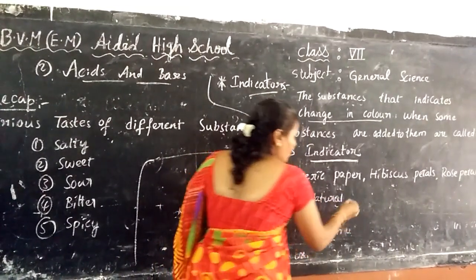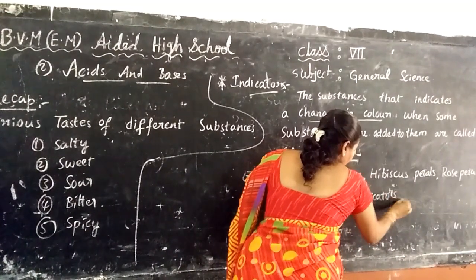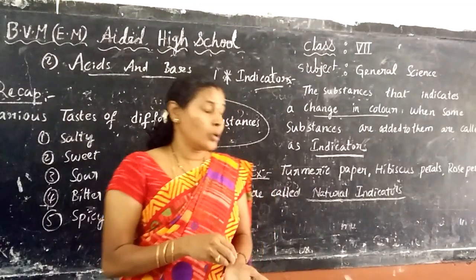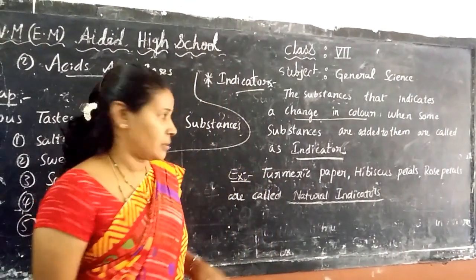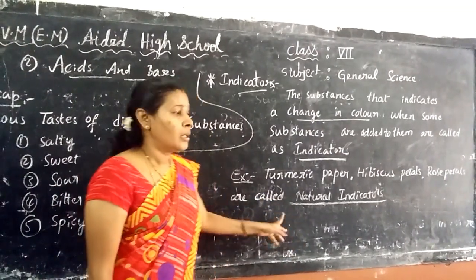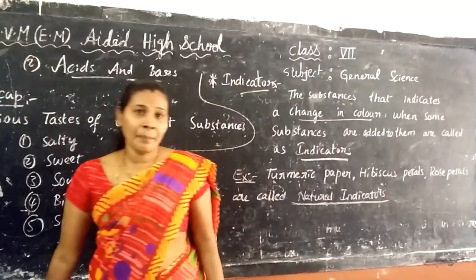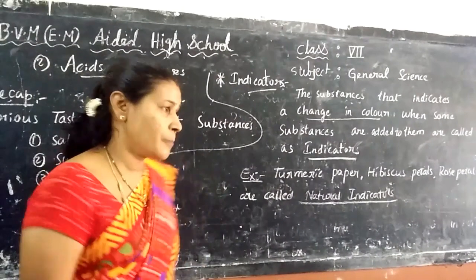natural indicators. Why? Because these occur from nature only. Nature means they come from plants and also animals. That's why these are called natural indicators. Now next, some papers are used, which are also called litmus papers.